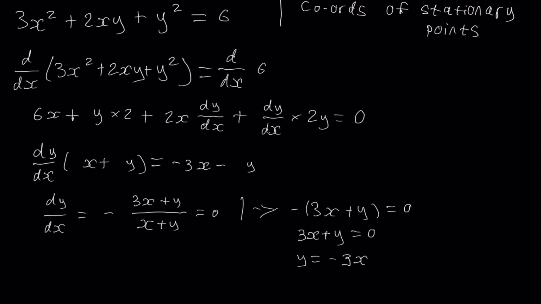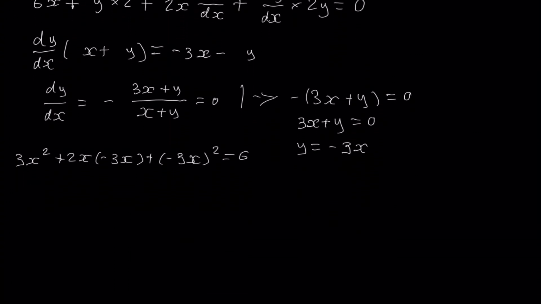But let's see what happens when we substitute it into our original equation. 3 times x squared plus 2 times x times negative 3x plus negative 3x squared is equal to 6.